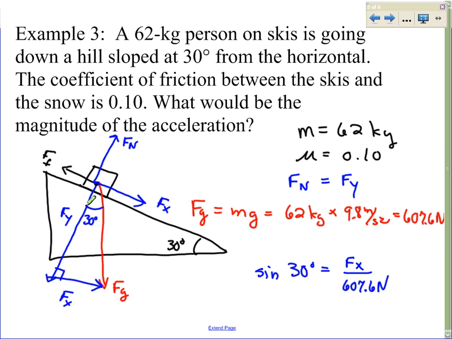A little reminder that my sine of theta is equal to F of x over Fg. So I'm solving for F of x, and F of x has a value of 303.8 newtons. Now we have friction on this, so we have to find F of y too. F of y you can find by using the cosine of 30 degrees equals F of y over our weight, 607.6 newtons.